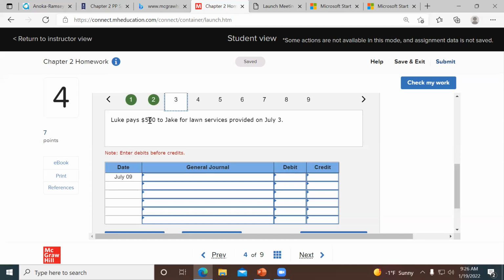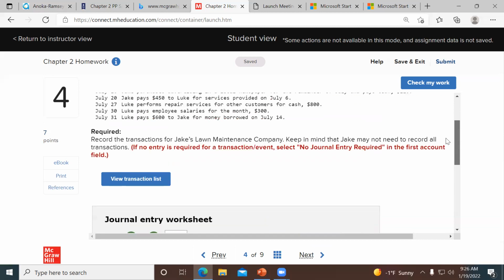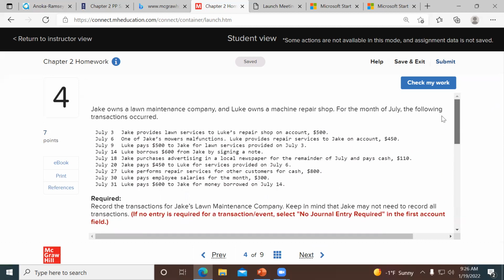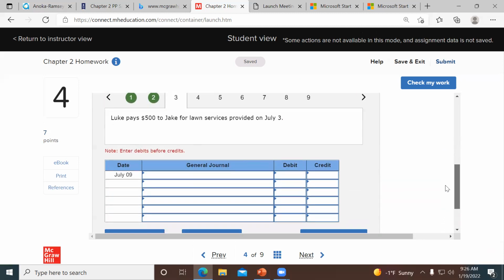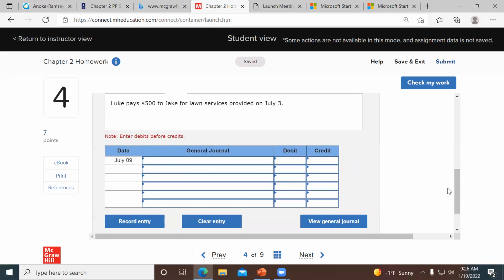Then Luke pays $500 to Jake for lawn services that were provided on July 3rd. Remember back on July 3rd, Jake provided lawn service to Luke's repair shop for $500 on account. Now that it got paid, what are we going to do? What are we going to debit first?